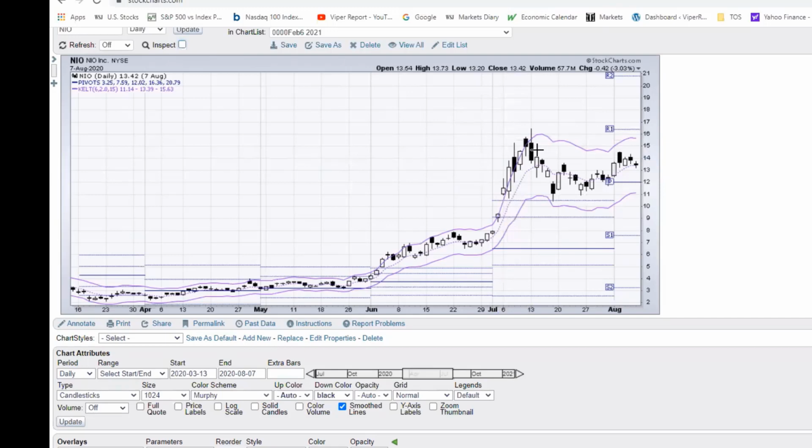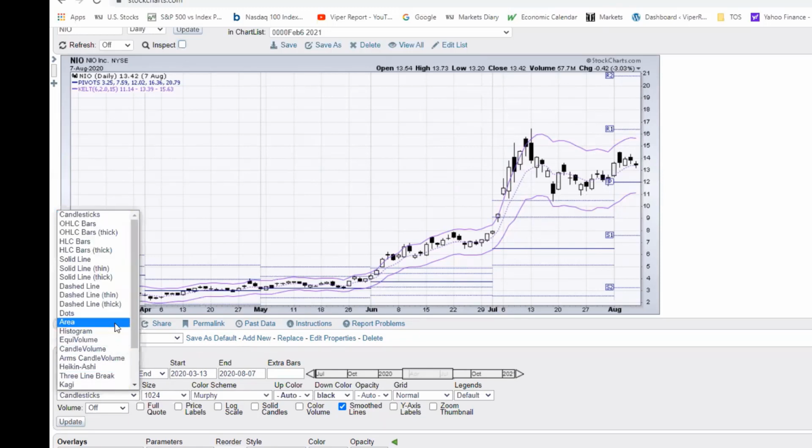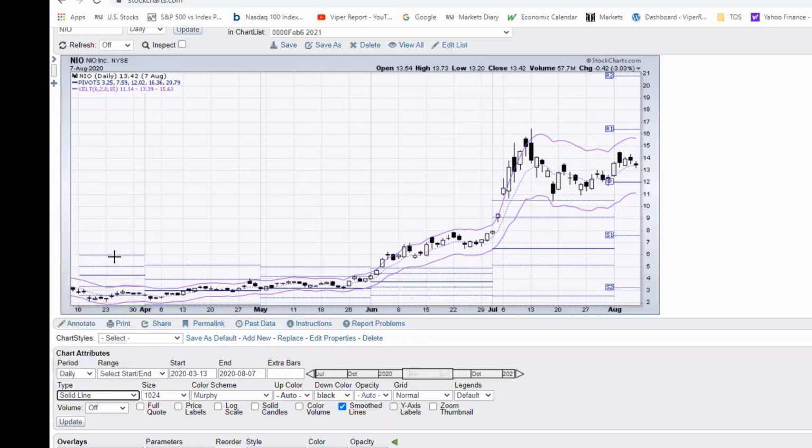Now, NEO has had a characteristic of forming these really nice flag formations. Sometimes, when you get these wide-ranging days, it's better to look for them as a solid line.